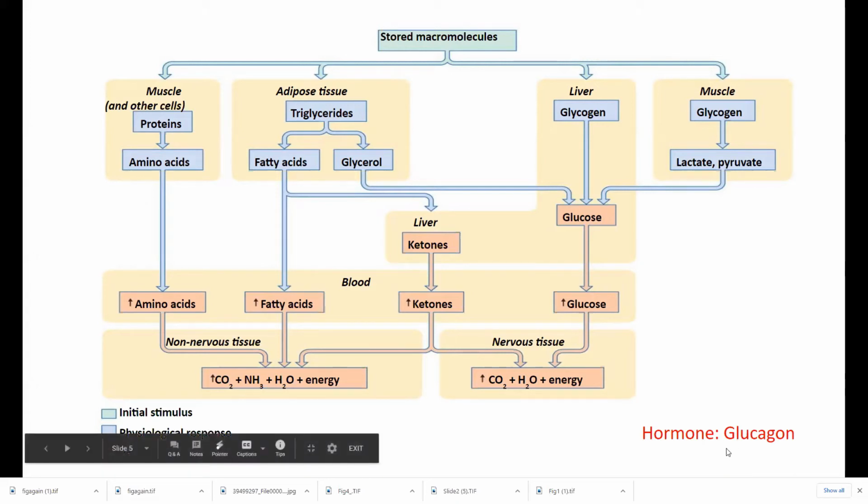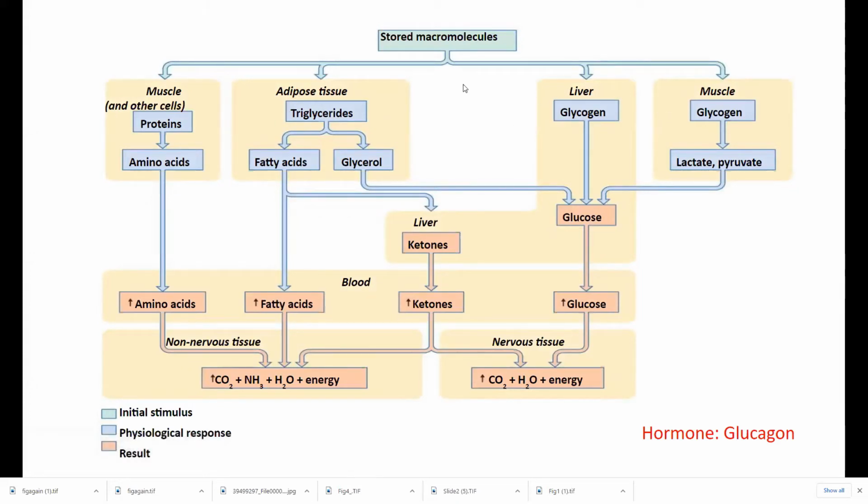So we're using glucagon. What we're doing is we're breaking down molecules, right? So we can see here at the bottom, we're actually going to look at the bottom first, right? This bottom right corner, see nervous tissue, right? So our nervous tissue, our nervous system, what needs to get fed into that nervous system is glucose.